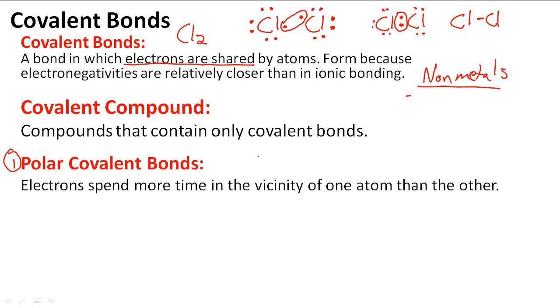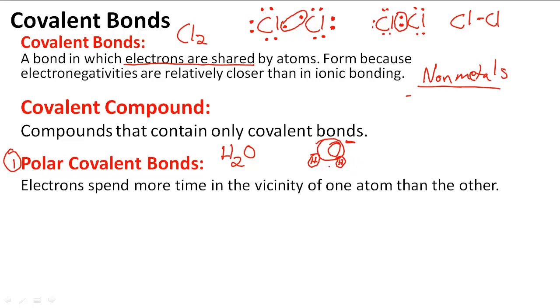So this creates poles. Let's take, for example, H2O, a very common example of a polar covalent bond. There's oxygen, so I'm going to draw an oxygen atom like this, and then I'm going to attach H's to it like this. And based on its shape, it's going to help us to look at why it has poles. So here, oxygen has a higher electronegativity than both these H's. So the electrons are going to be more attracted to the oxygen and spend more time with the oxygen, creating a partially negative charge here.